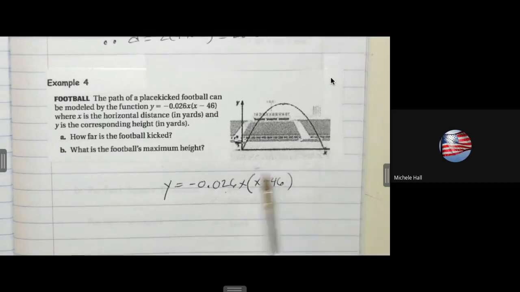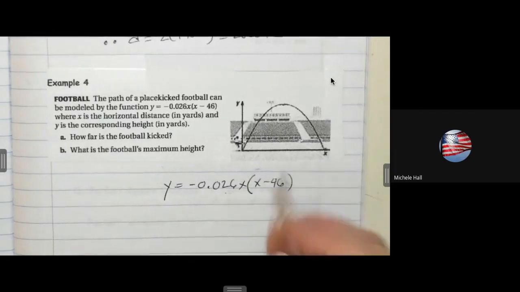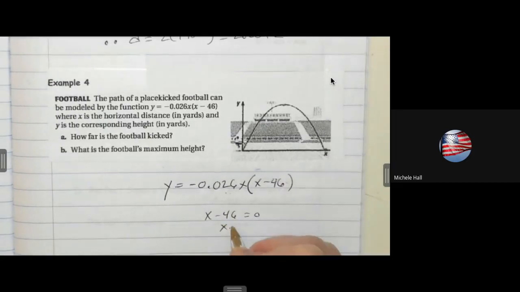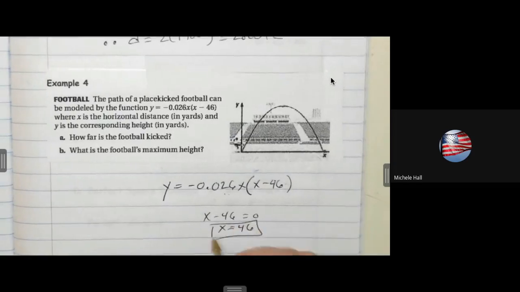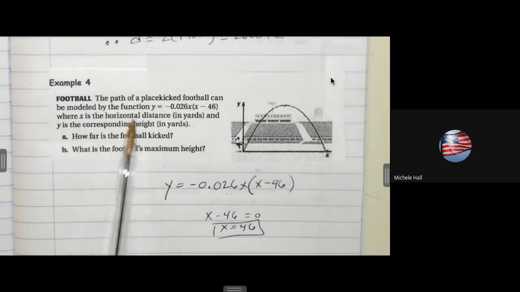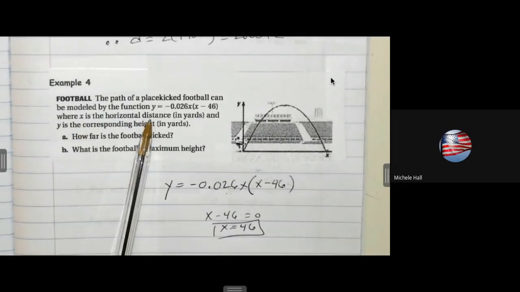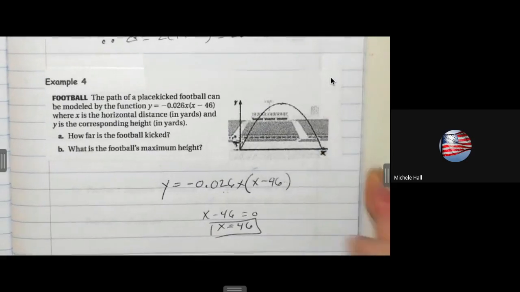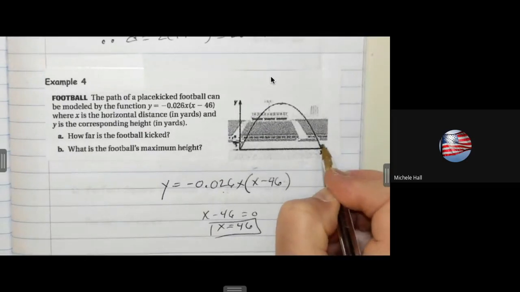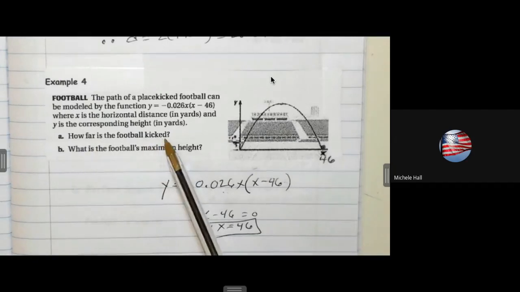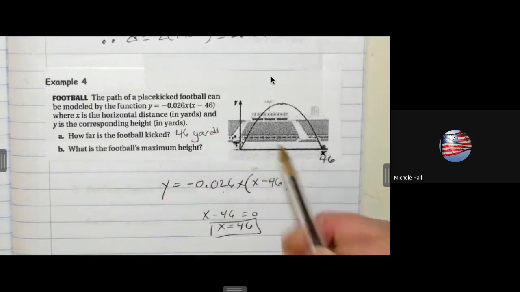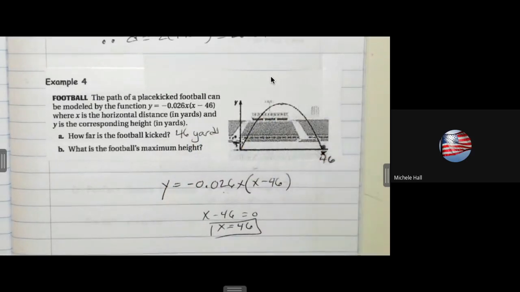And this one right here, what would I get? x minus 46 equals 0, so x equals 46. x is the horizontal distance. So here's x. That means that this is 46. How far is the football kicked? 46 yards. So it was kicked, it goes up, it lands.